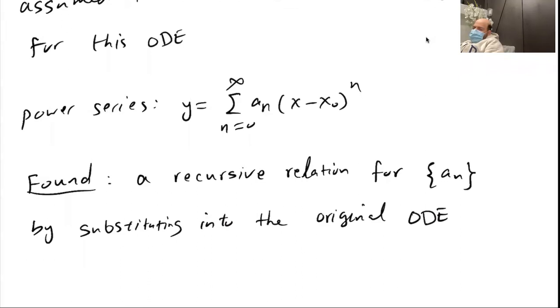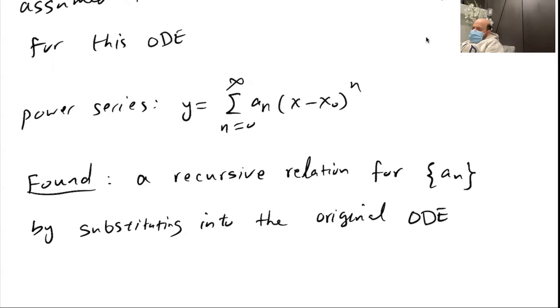So the recursive relation gives the value of an in terms of the previous indices. So a n plus 1, for example, in terms of an, or an in terms of a n minus 1, or an in terms of a n minus 1 and a n minus 2. So that's how a recursive relation looks.